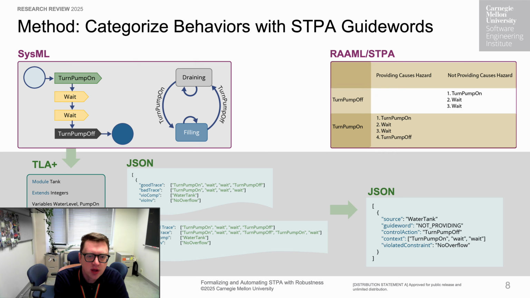So once we have that guide word, we can figure out the other elements. If you look in the STPA handbook, an unsafe control action has 5 elements. We can figure all that out, and now we have all the pieces necessary to build this table.